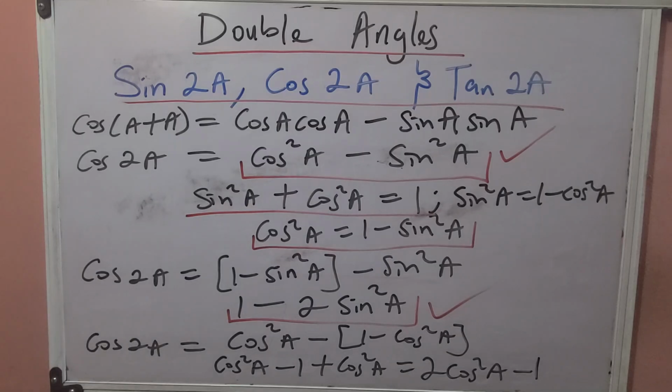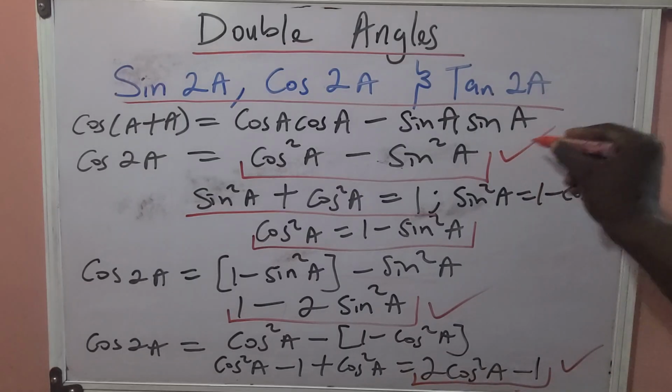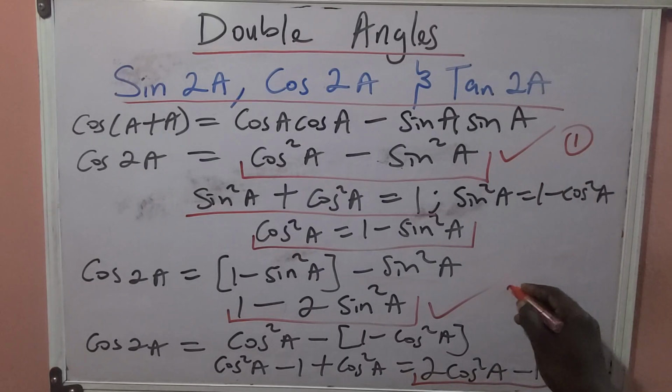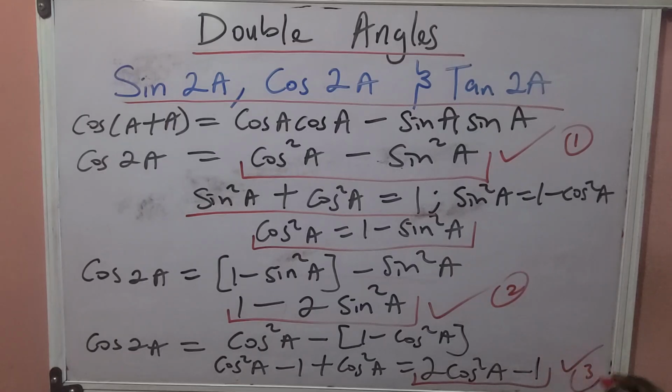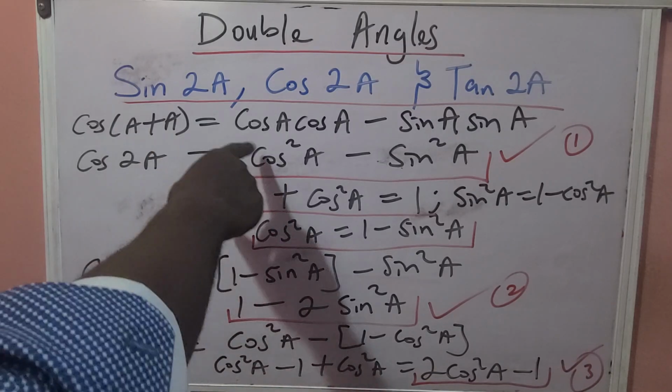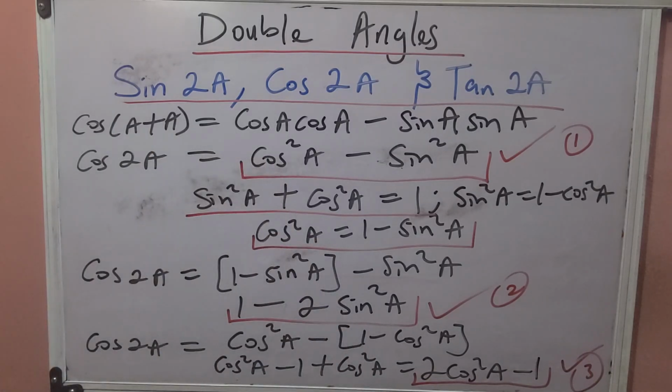So this is the third format that I can have my cos 2A written as. So you can make use of this first format, or this second format, or this third format, depending on the particular question you are dealing with. Of course, all 3 of them have a role in different questions, so you can always know how to adopt the 3 different forms depending on what question you are dealing with.